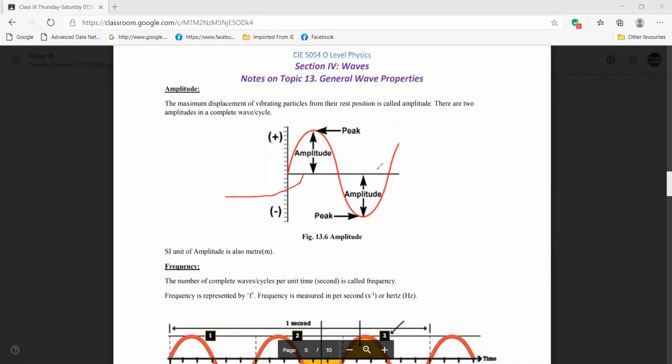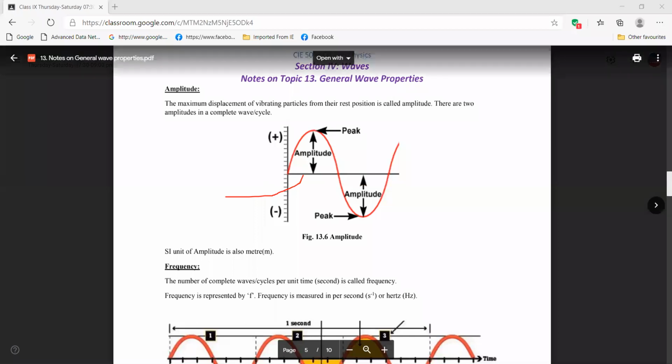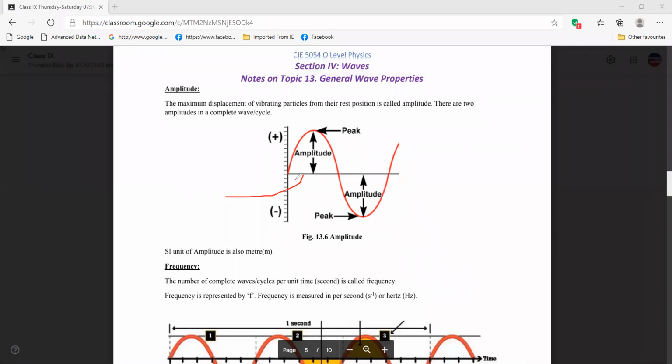This is the rest position. You label it here. Rest position. So the particles are vibrating from this rest position, right?